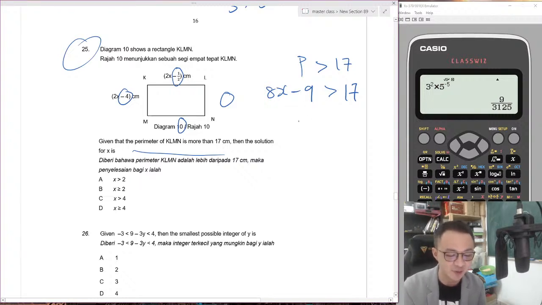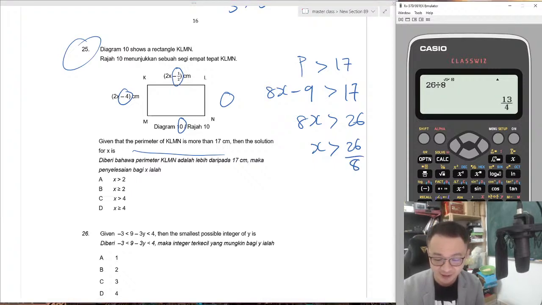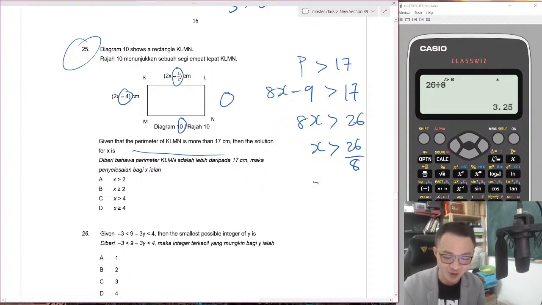So I just solved this one. Ax bigger than 26. So x should be bigger than 26 over 8. 26 divided by 8, so it's about 3.25. So therefore, I will find the nearest one, isn't it?